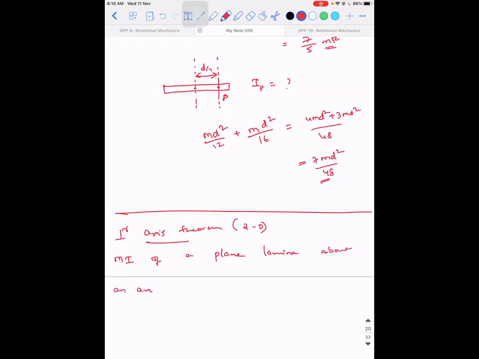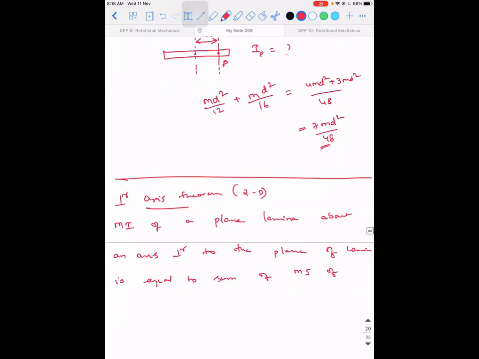About an axis perpendicular to the plane of the lamina is equal to the sum of the moments of inertia of the lamina about two axes perpendicular to each other in its own plane.